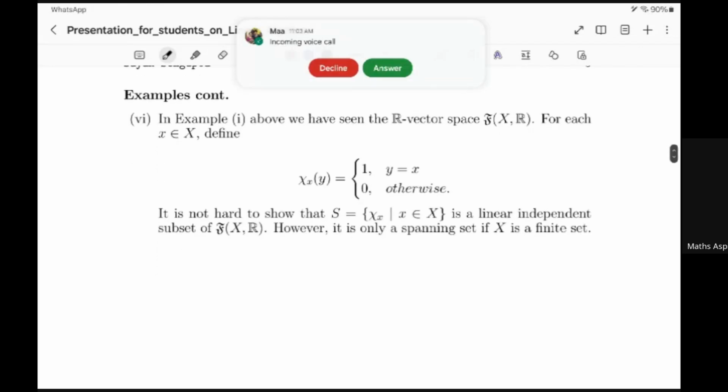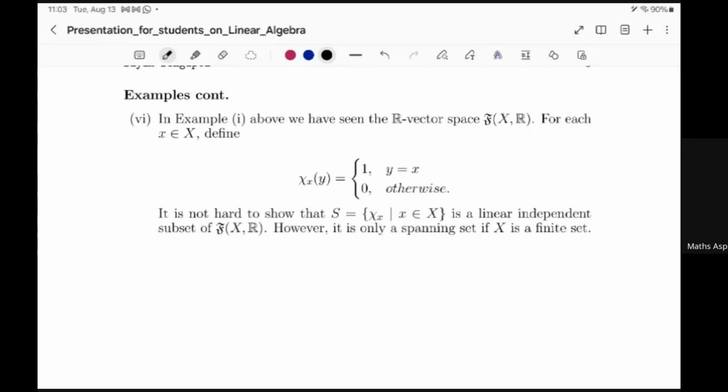Remember that we defined this vector space script F, which is a vector space containing all the functions that go from X to R. And let's try to think of what would be a linearly independent subset of this vector space.